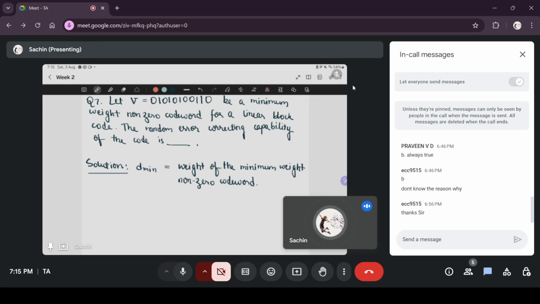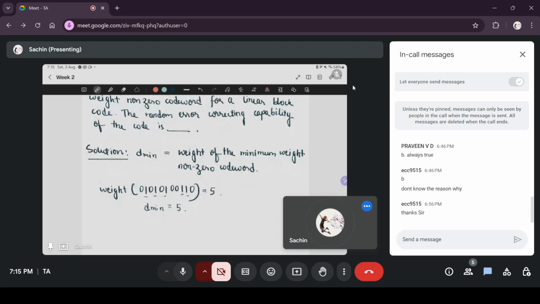So in this question, what is the weight of this code word V? Weight of 0101, how many ones are there? 1, 2, 3, 4, 5. 5. That means the minimum distance of this code is 5.